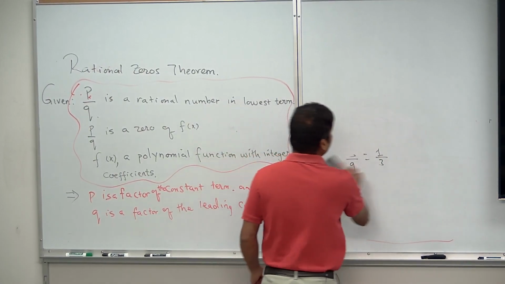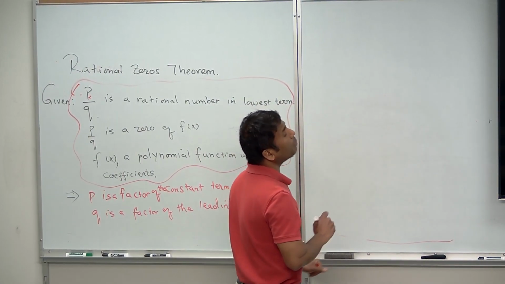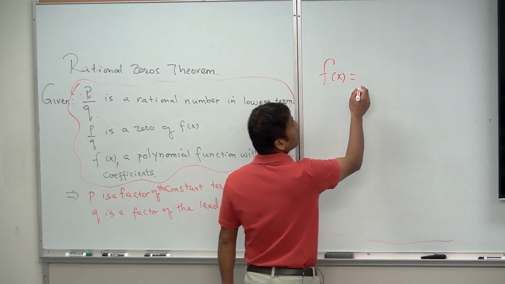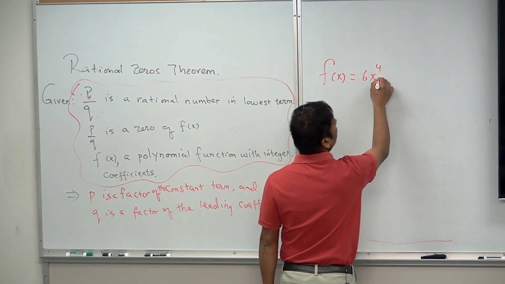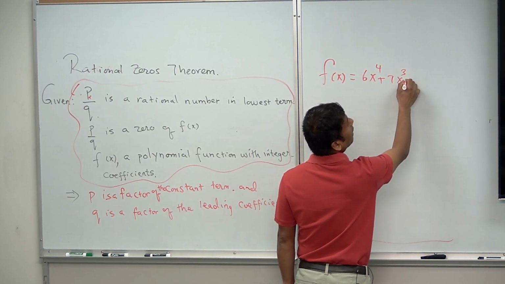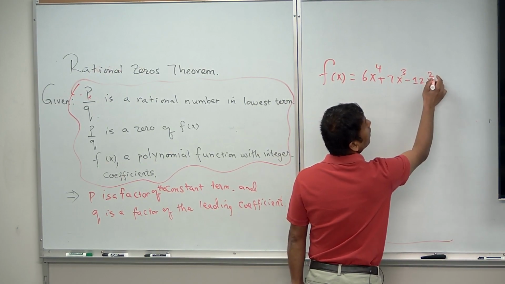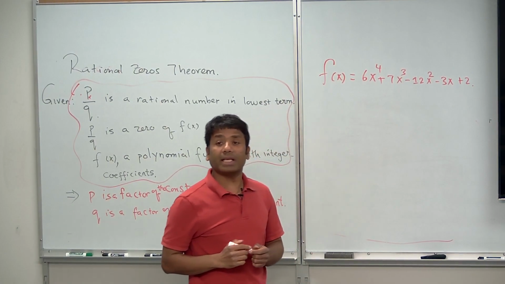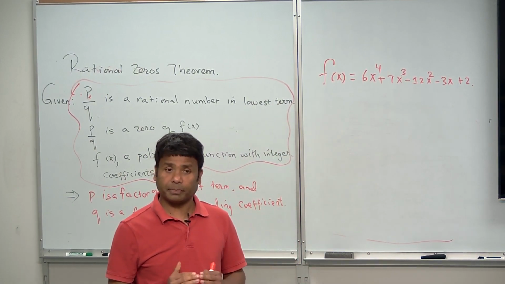So now let's say we have a polynomial function f(x) equal to 6x to the power 4 plus 7x to the power 3 minus 12x squared minus 3x plus 2. So this is a polynomial function.